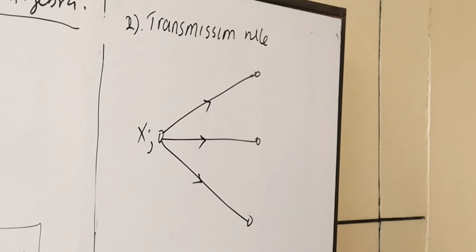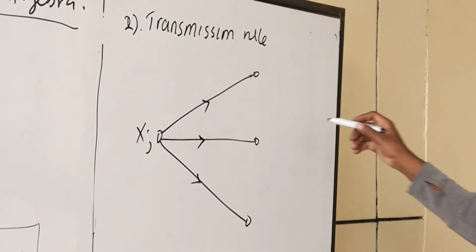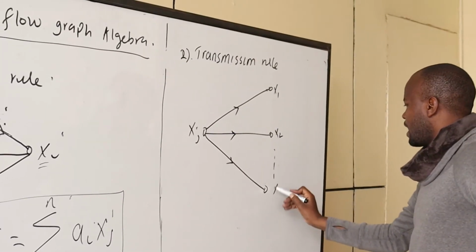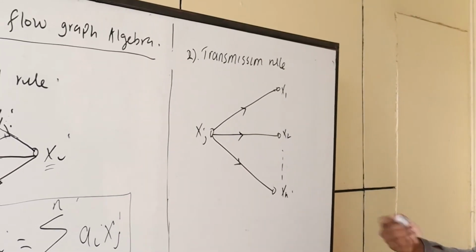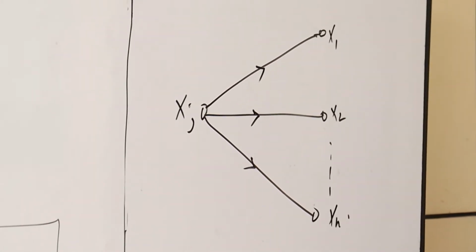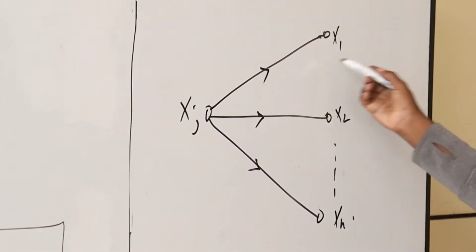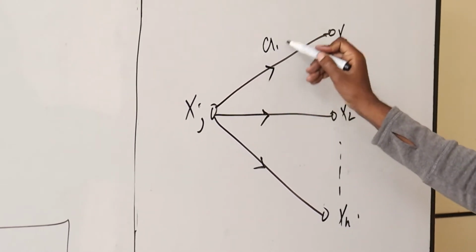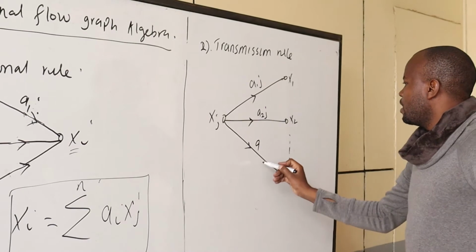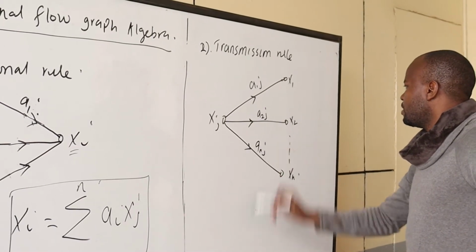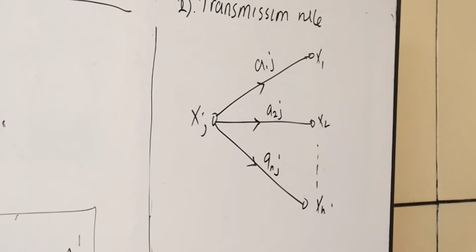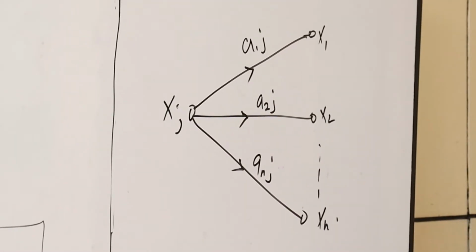Then we can have x1, x2, then xn, and we can assume that there are several in between. Here we can have a1j, a2j, anj. So we have all that. That is how it is supposed to be.